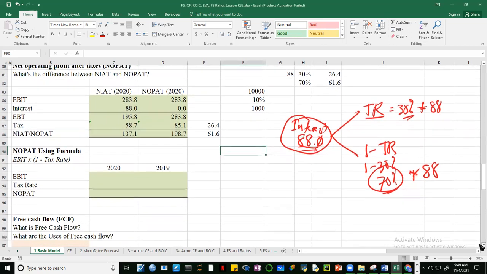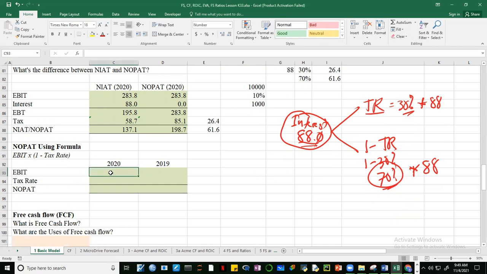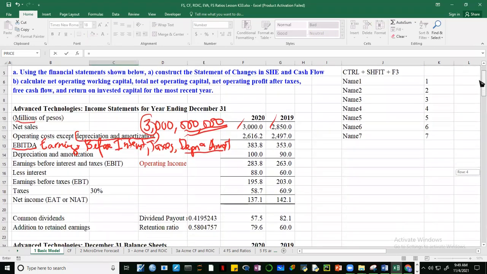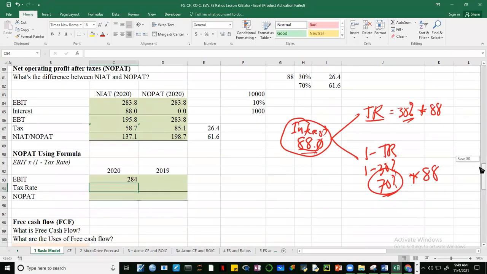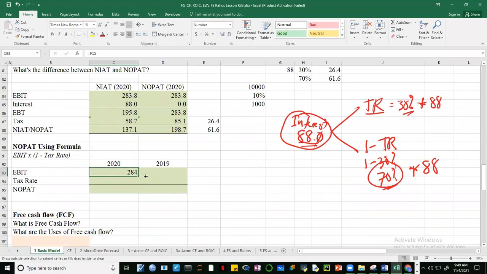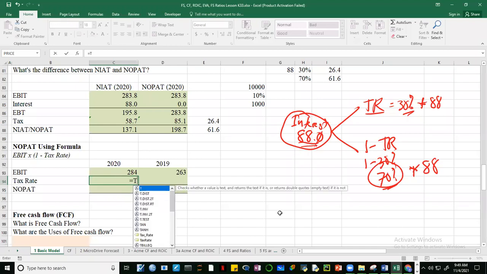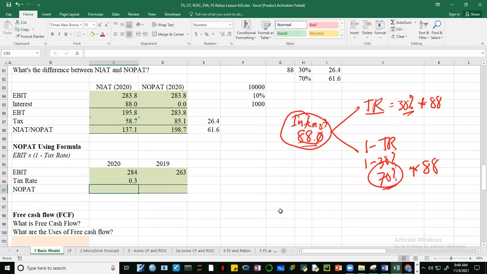Okay, so we can directly compute for NOPAT. The formula is straightforward. It's EBIT, earnings before interest and taxes. We can copy this to the right for 2019. Then the tax rate is, of course, 30%. Copy this to the right.